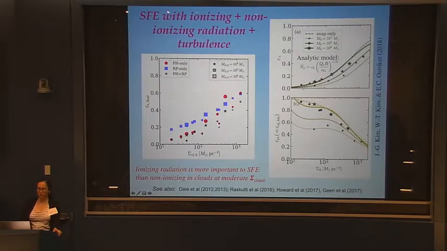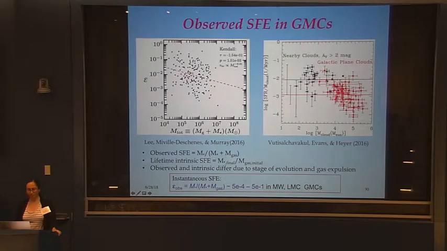And over here, this is comparing an analytic model based on photoevaporation, so I don't think I have time for that. Okay, so how does this do in comparison to the observations? Well, the upper limits are actually reasonably similar.